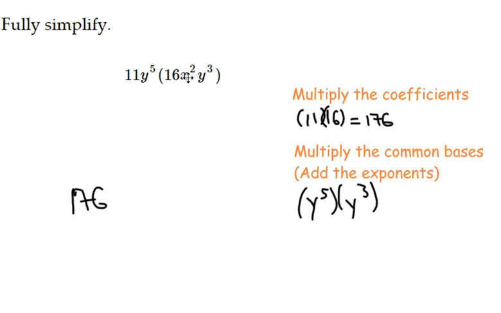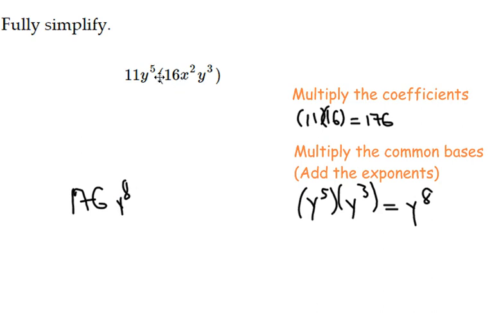And for x squared, there's nothing that you have to multiply by, so it's just going to stay as x squared. Y to the fifth times y to the third is equal to y to the 8th. So we're going to get 176 y to the 8th.